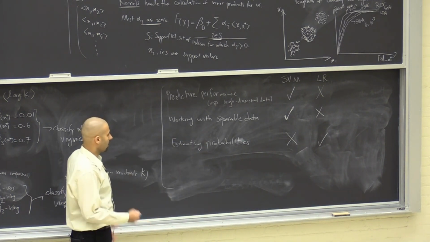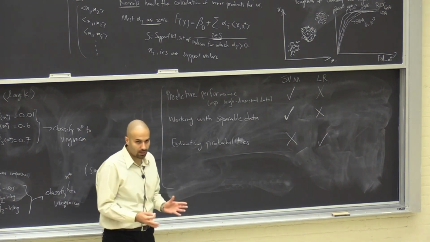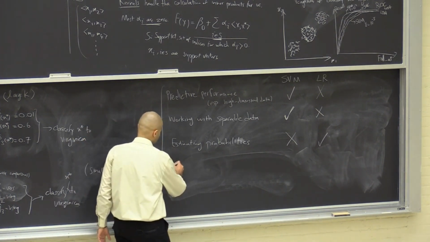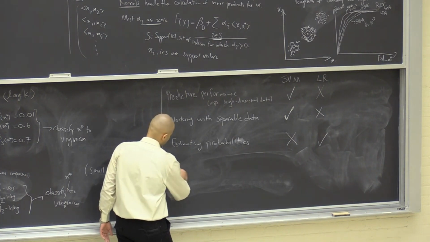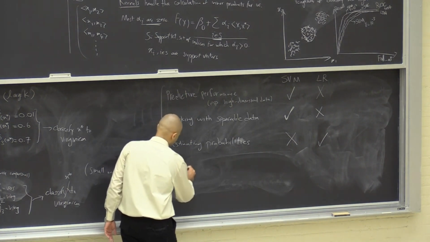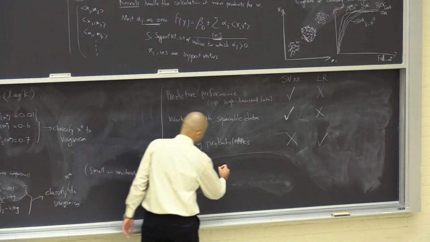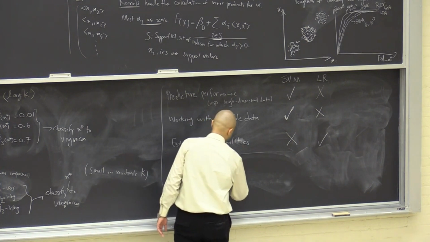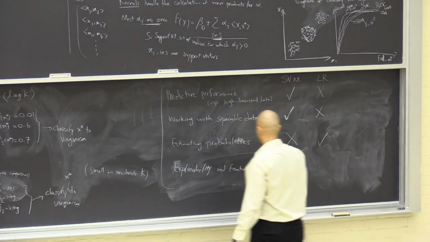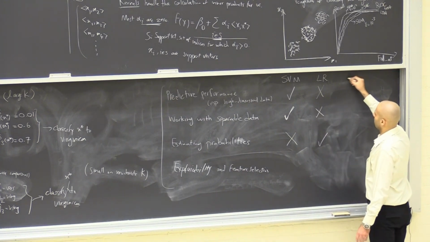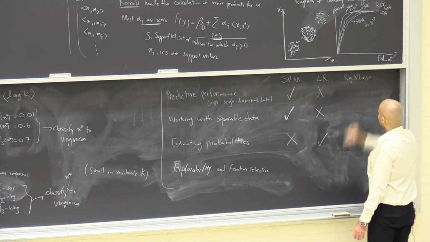And then another comparison is between SVM and models that are explainable. For example, in explainability and feature selection, we had regularized fitting, like ridge and lasso regression.